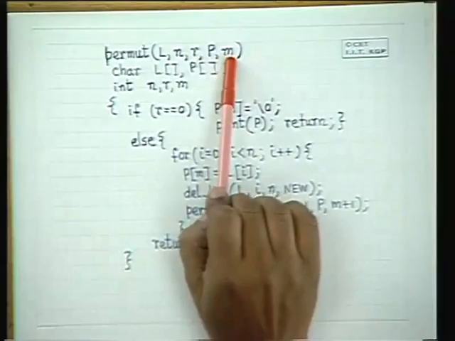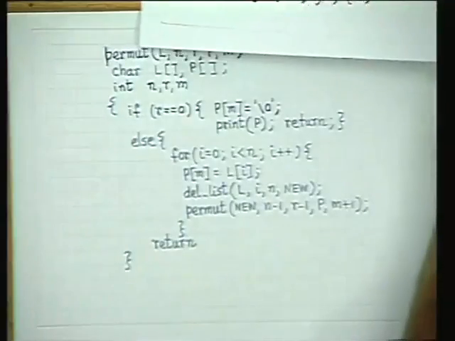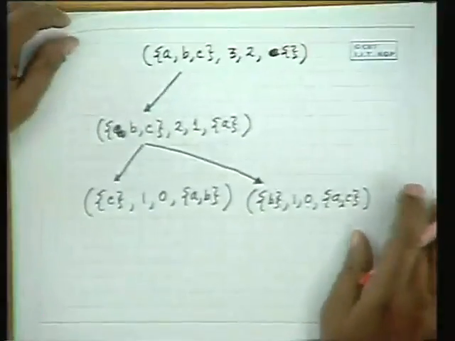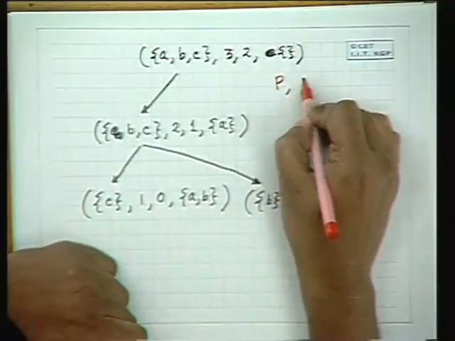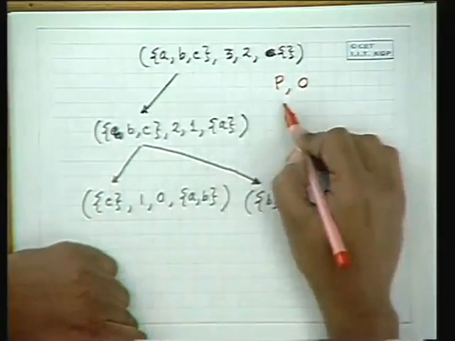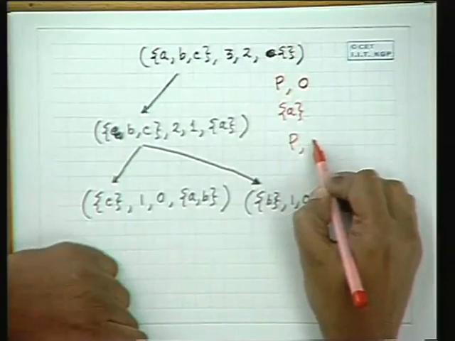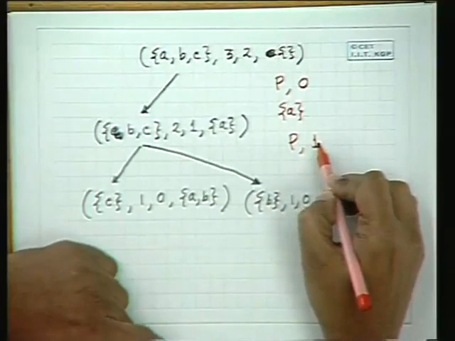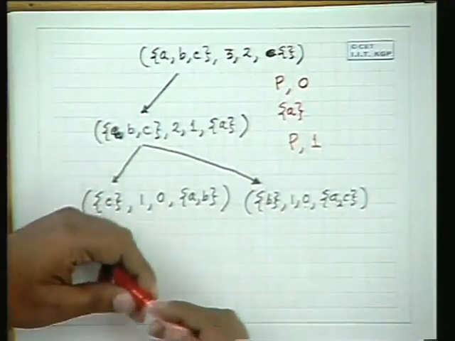That is, you will initialize M to 0 and call it to indicate that this is null. We will pass P 0. If P is A, we will pass P with 1, saying that if you want to insert another element, you insert it at the next position.